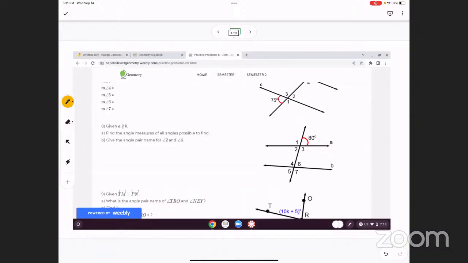That's correct. What else? And then 4 is 100. And 1 is also 100. Those are 100. I'll do yellow. Yellow is 100. How about 2 and 3?